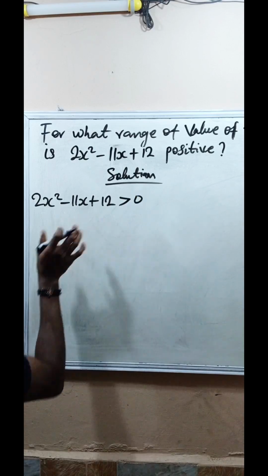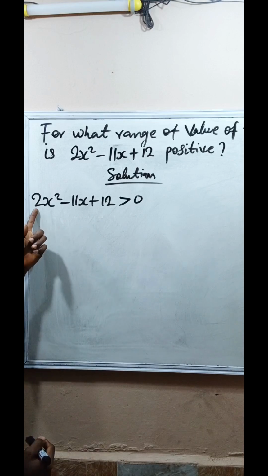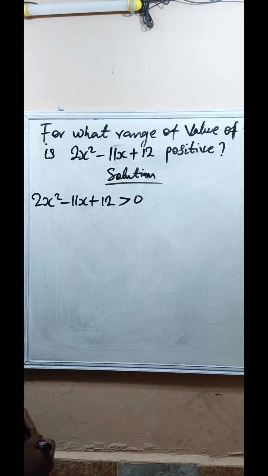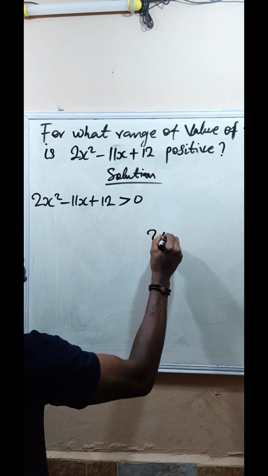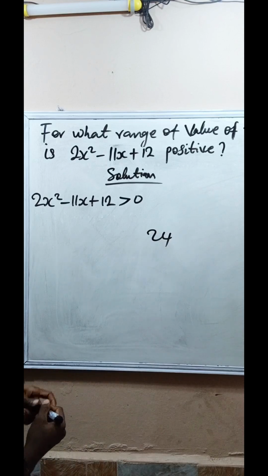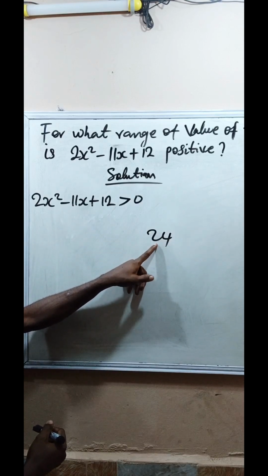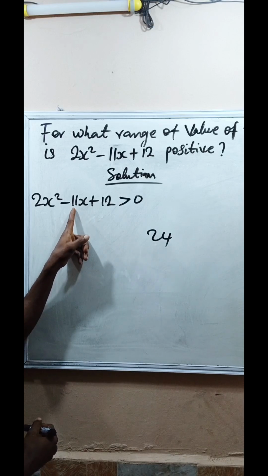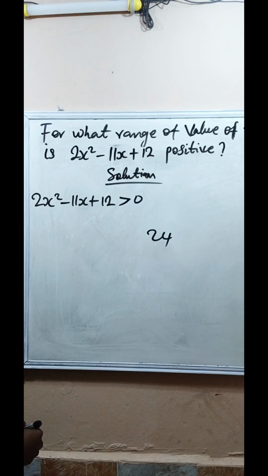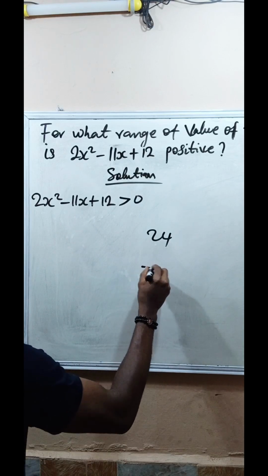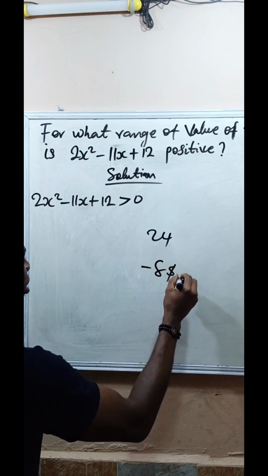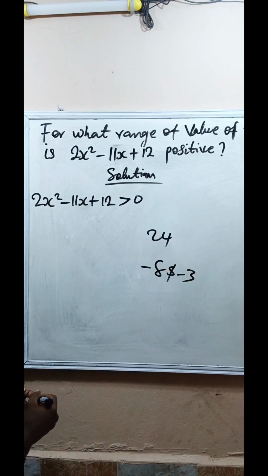Now we factorize. First of all, we multiply the coefficient of x squared with 12, and when we do, we get 24. So we look for two numbers which, when we multiply, give us 24, and when we add, give us minus 11. Those two numbers are minus 8 and minus 3.